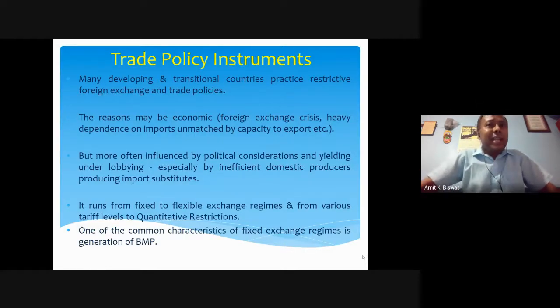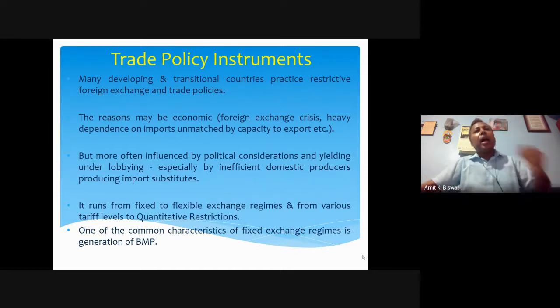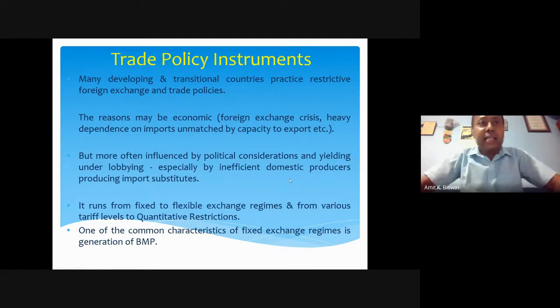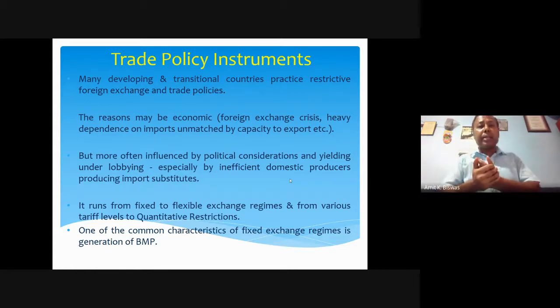So what are the trade policy instruments? You yourself have said that poor and developing countries like ours do practice restrictive foreign exchange and trade policies. The reasons could be a foreign exchange crisis, heavy dependence on imports with limited export capabilities, and more often political considerations.